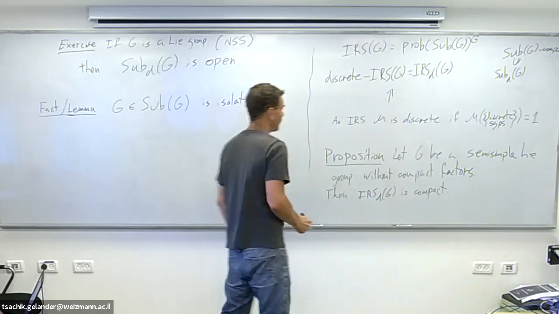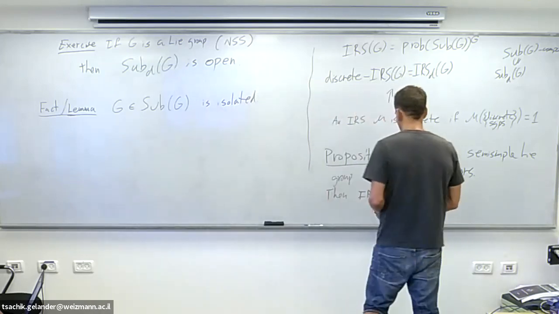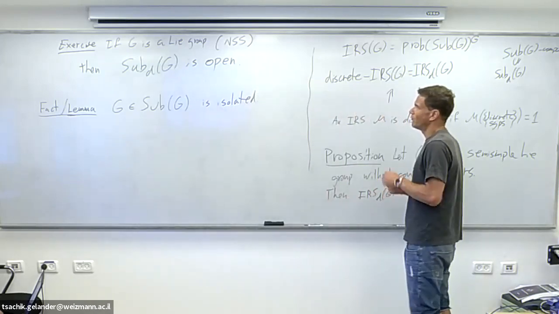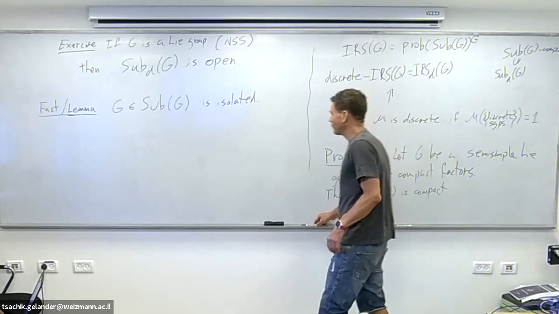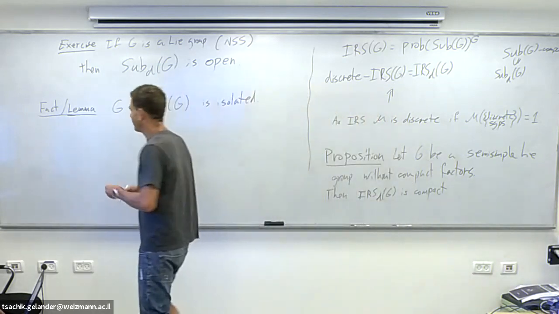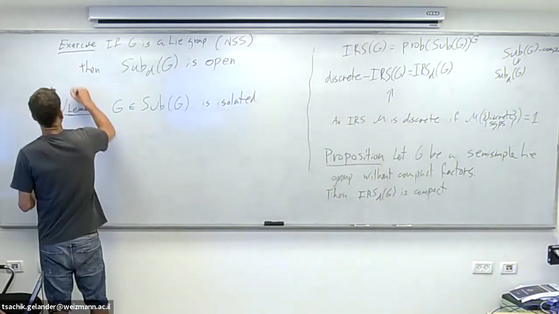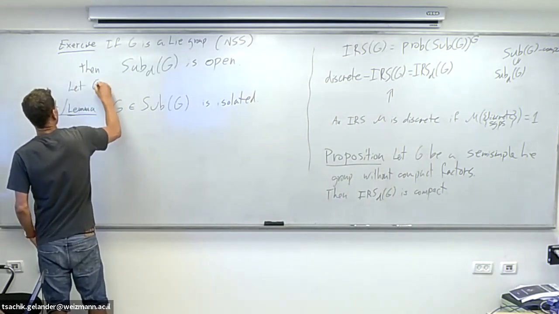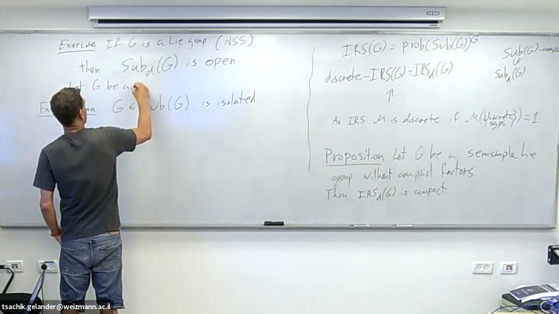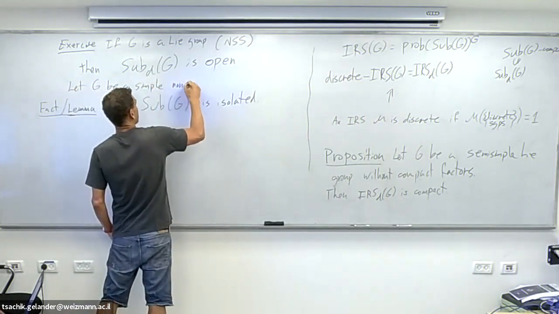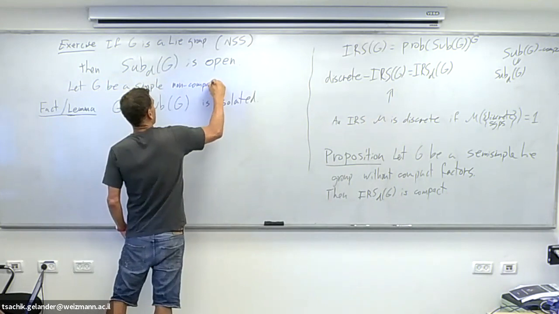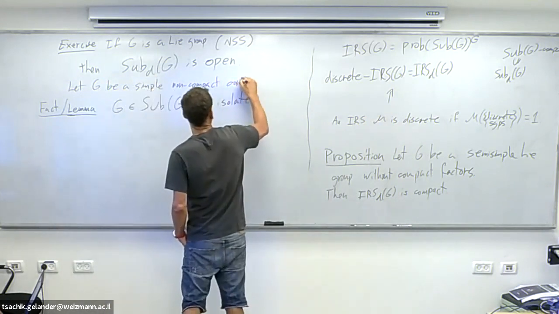Yeah, I assume from now on, let's assume for the rest of the talk today, let's make this assumption. Let's even do this simple. So let G be a simple non-compact connected Lie group.